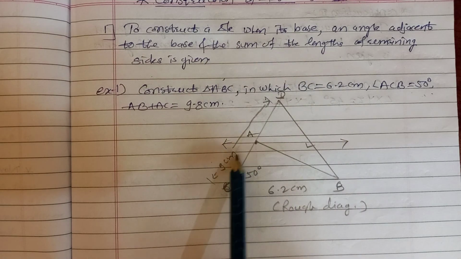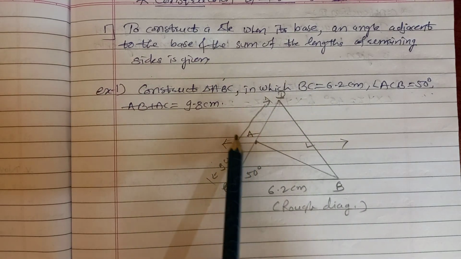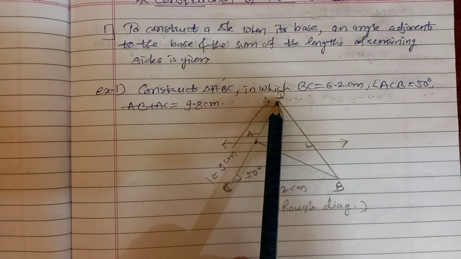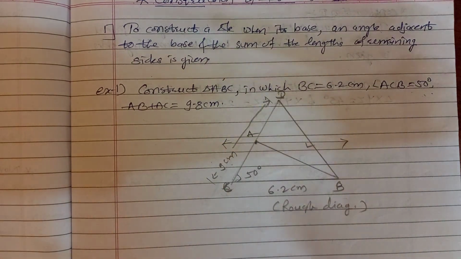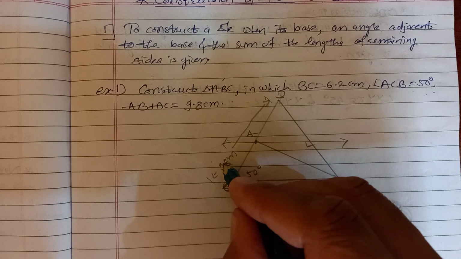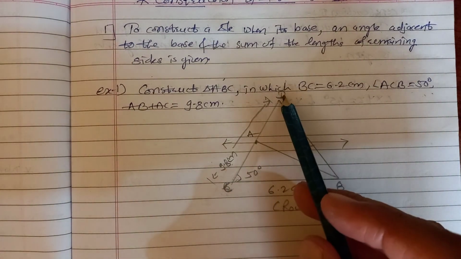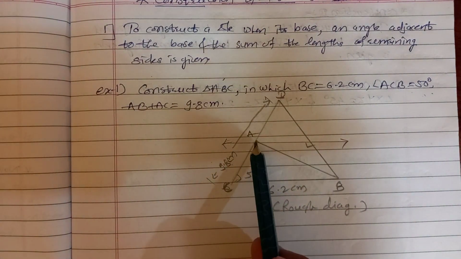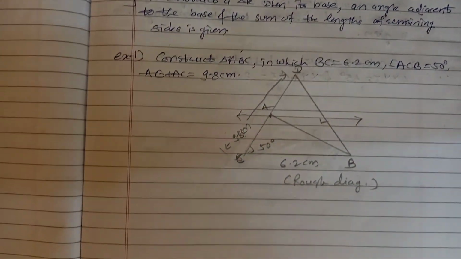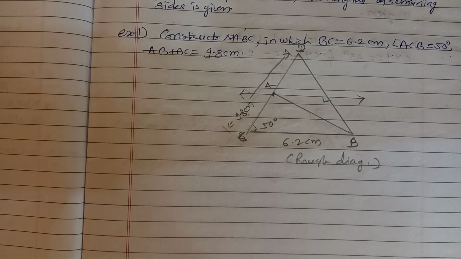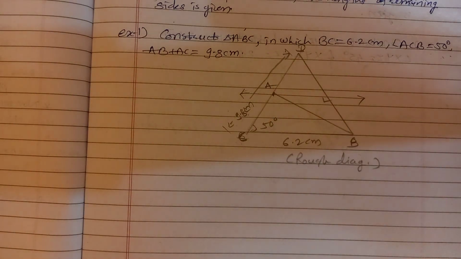Draw one ray. This is the perpendicular bisector of this segment. One distance is 9.8 centimeter. Where the perpendicular bisector intersects here, that is the point A. Now we have to see the actual construction using the rough diagram. Very first you have to draw the base.